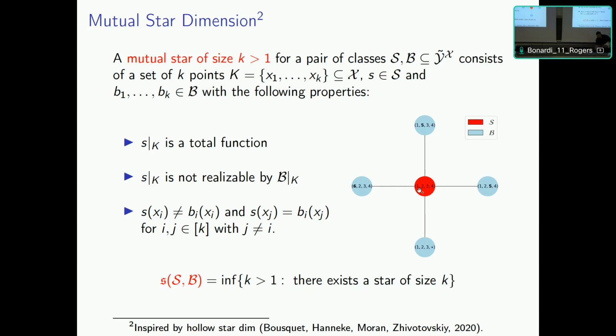But if we change the label of 1 to 6, for example, it is realizable by the benchmark class. So this must hold for any direction. So this is like the first direction, second direction here, it changed the label from 2 to 5, here 3 to 5, or here from 4 to a star even. And the mutual star dimension is defined as the smallest size of a mutual star.